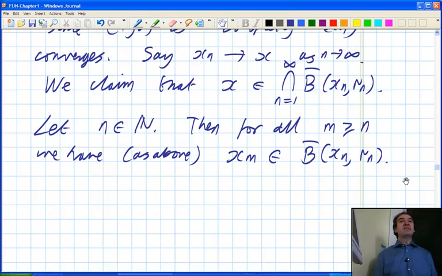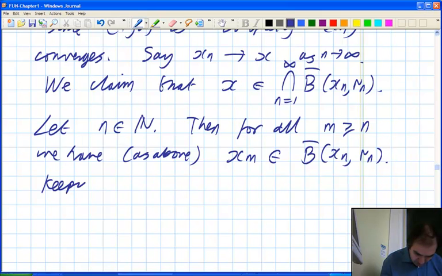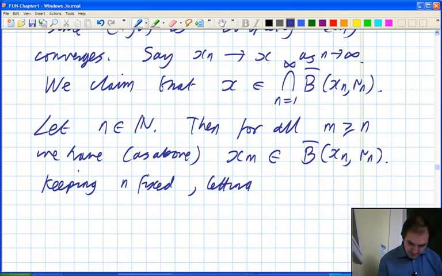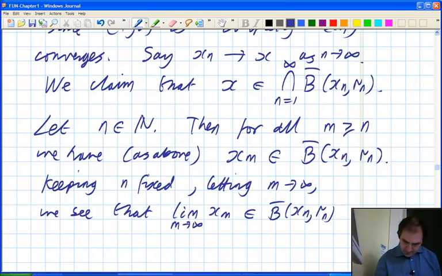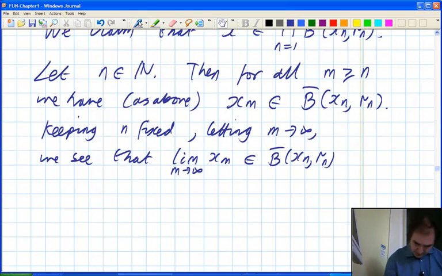But now if we keep n fixed and let little m tend to infinity, we see that the limit as m tends to infinity of xm is also in the closed ball, because that's a closed set.